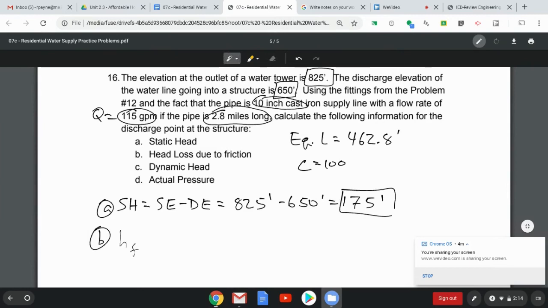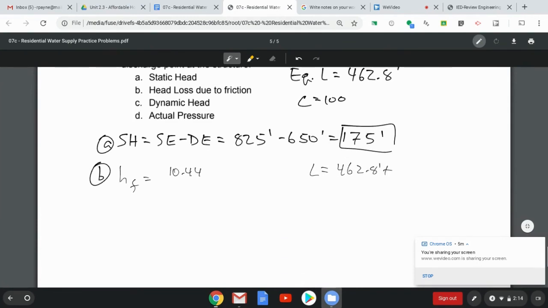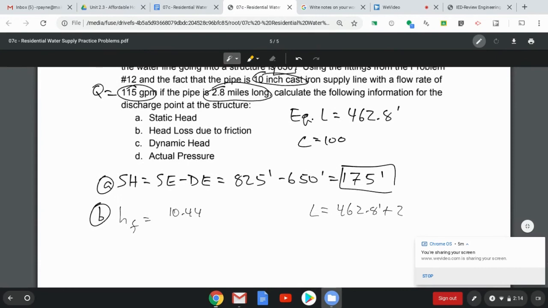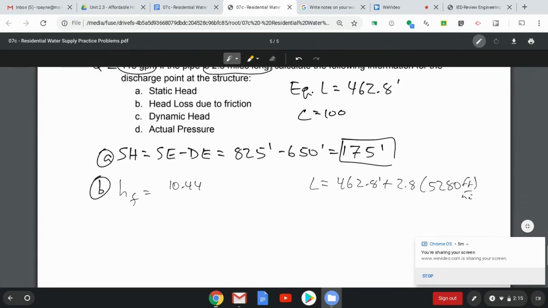Let's see. H sub F is equal to, that's Hazen-Williams, 10.44 times L. So we need to figure out what L is. L was 462.8 feet, that's for the fittings, plus 2.8 miles times 5,280 feet per mile.